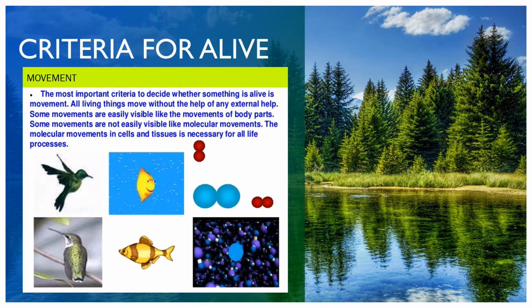To detect the motion of molecules, we need a microscope in biology. Now in biology, we will study the structure of plant cell, animal cell, etc. For that, we have to look through a microscope. So always remember, class, that the criteria for alive is movement, and not only simple movement but the molecular movement in cells and tissues is very important for all life processes.